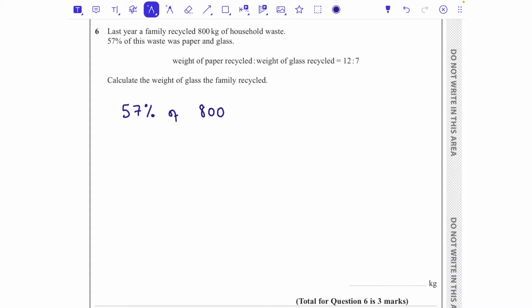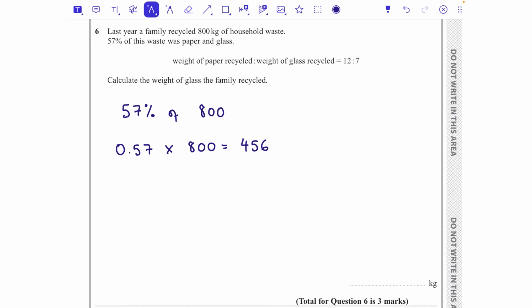Now you absolutely can do 50%, 5%, 1%, 1%, add it together. But the easiest way to do that, given that we've got a calculator, is to do 0.57 times 800 in my calculator. That is going to get me 57% of 800. So 0.57 times 800 is 456, just using my calculator there.